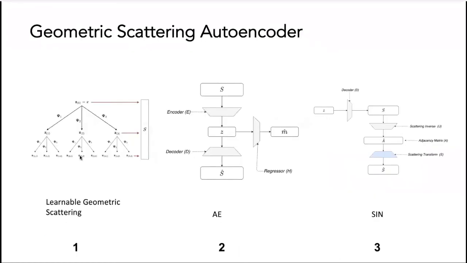Scattering transforms are sometimes described like this. You have a signal, you have different scales of wavelets, you get coefficients out, and then you do it again. You can apply these same scales of wavelets on your coefficients, which gives you a next order. And so we created an autoencoder that uses these layers, and it's penalized to predict a property.